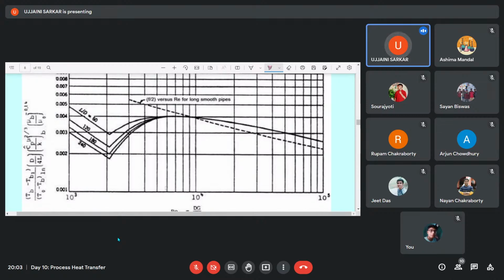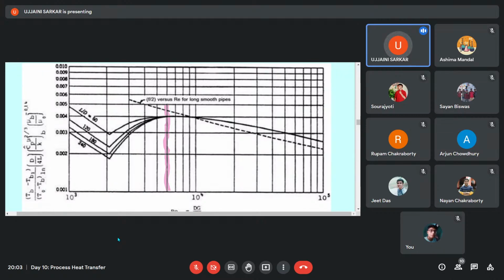This is 5000. This is the line for 6000. Okay, 6140. So nearly 6000. And ordinate is coming 0.004. So roughly this is intercepted here.